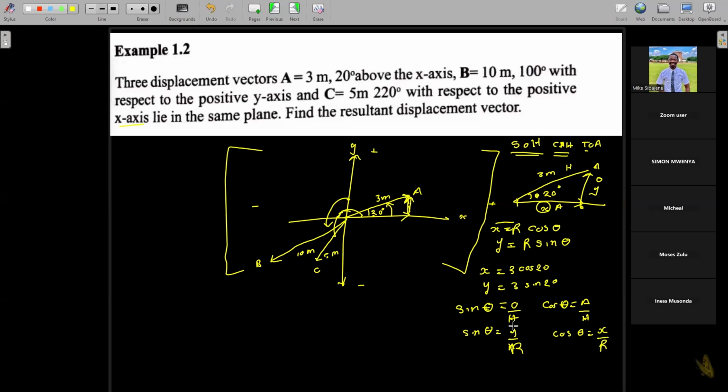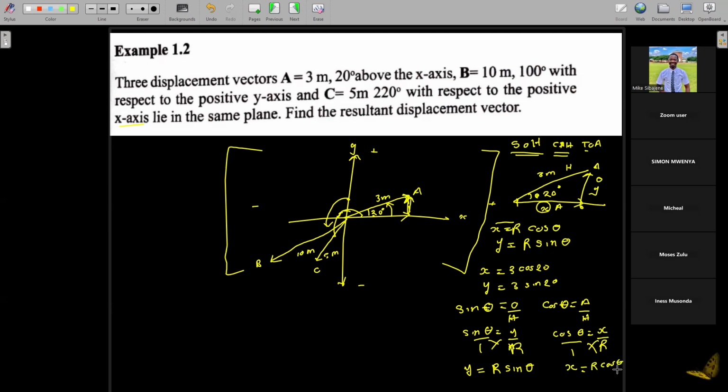Now we make y the subject of the formula. If we cross multiply, we get y equals r sine theta, and here we get x equals r cosine theta.